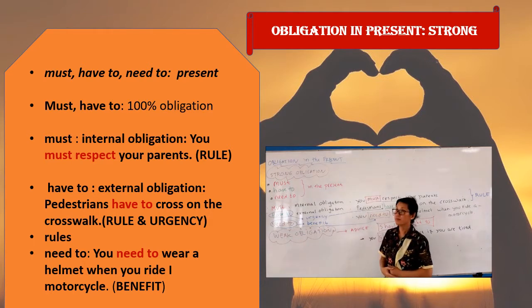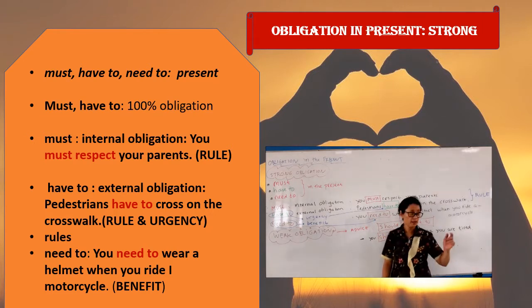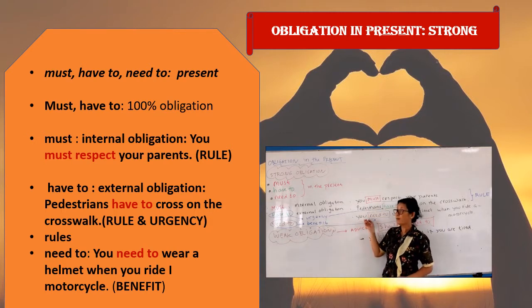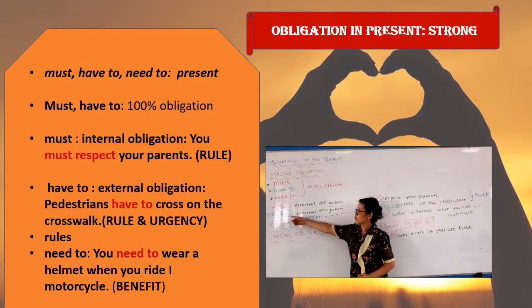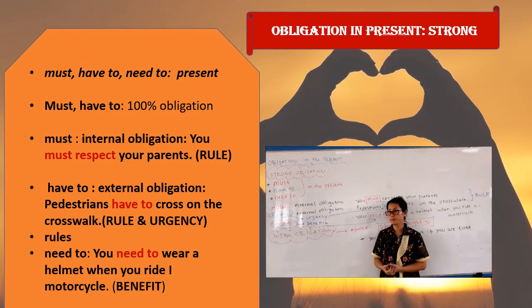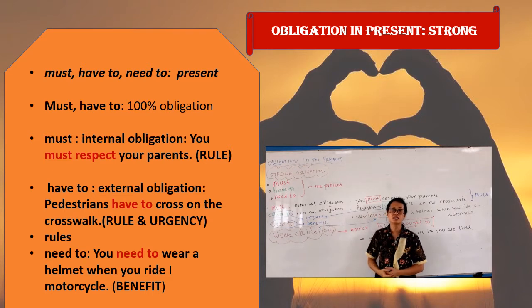Need to means perlu. Here, look at the example first. You need to wear a helmet when you ride a motorcycle. It means kamu perlu pakai helmet kalau naik motor. What I want to focus on is between have to and need to. Actually, they're almost the same. Have to here means for urgency, darurat, emergency.